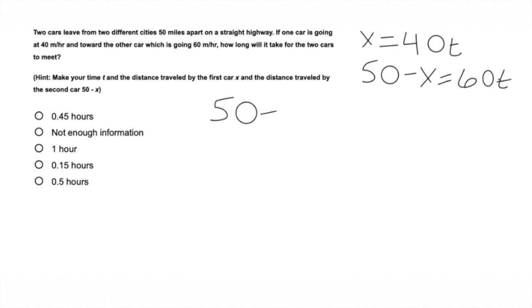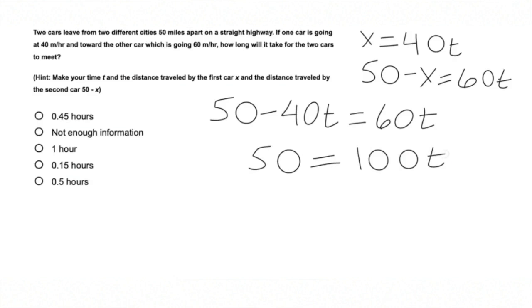50 minus x. So in the first equation, x equals 40t. And that is going to be equal to 60t. And when we simplify that by adding 40t to both sides, we get 50 equals 100t.